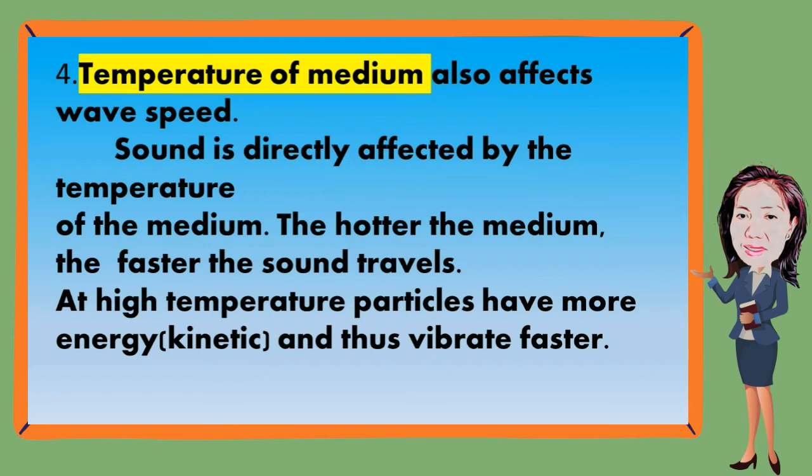You have hot water and cold water. Lalagay natin sa dalawang baso or graduated cylinder, for example. And then, you strike a tuning fork. And then, put the tuning fork above the mouth of the two different temperature, yung cold water and hot water.